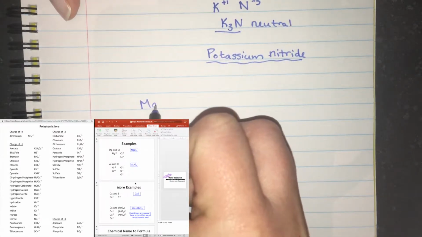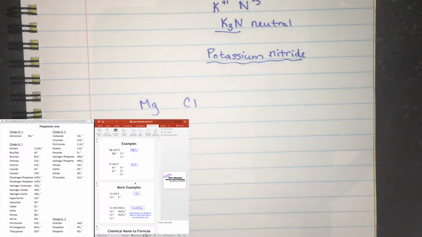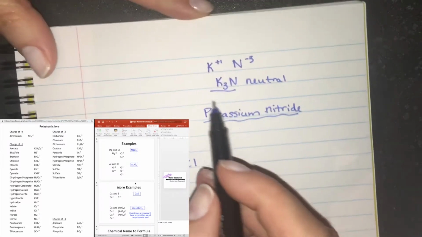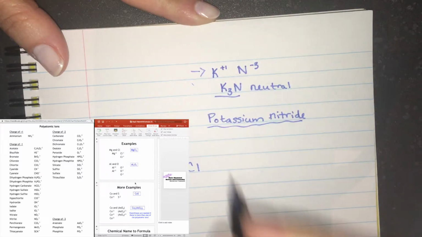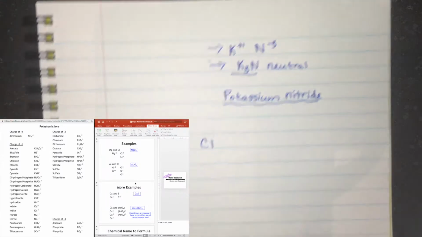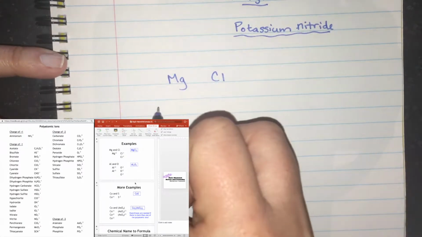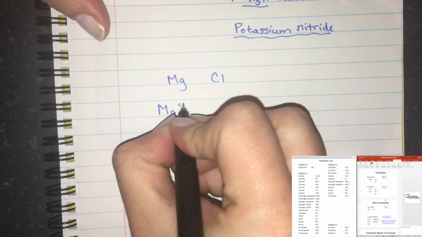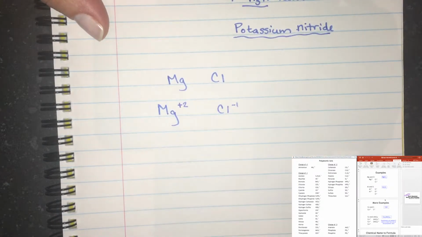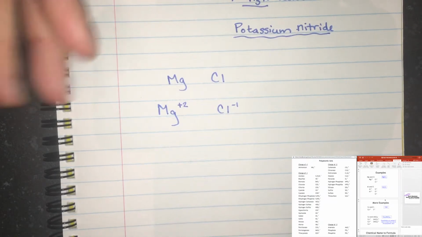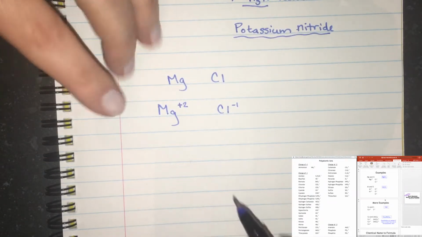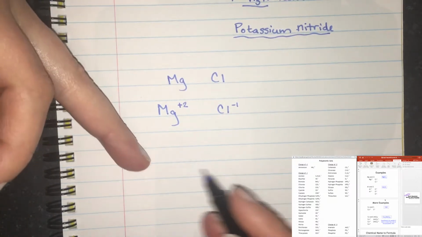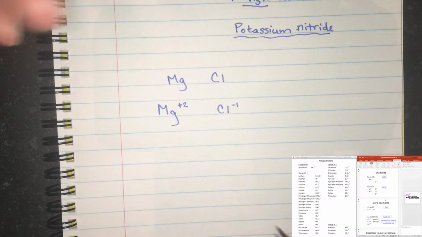The first example gives us magnesium and chlorine, and asks what the formula is. They give us this without the charges. According to the periodic table, magnesium has a +2 charge and chlorine has a -1 charge. The PowerPoint says to list them down until the two charges cancel each other out.